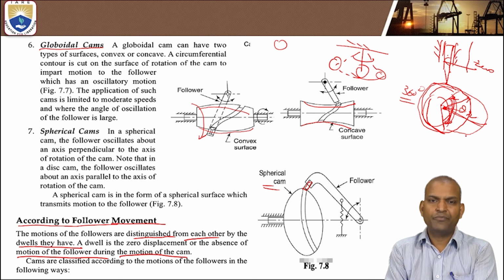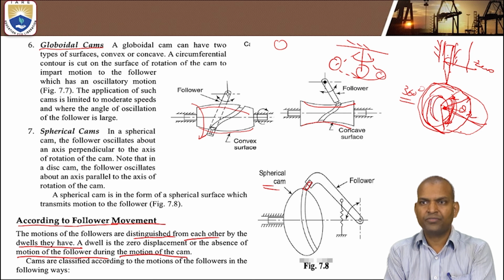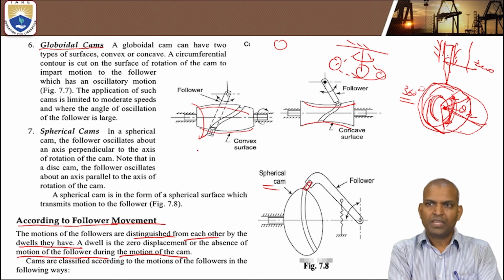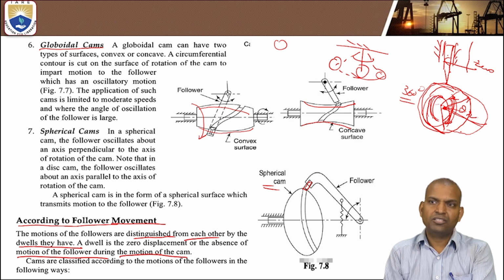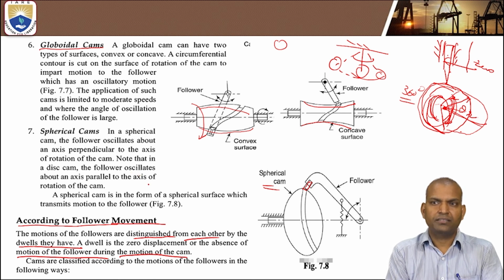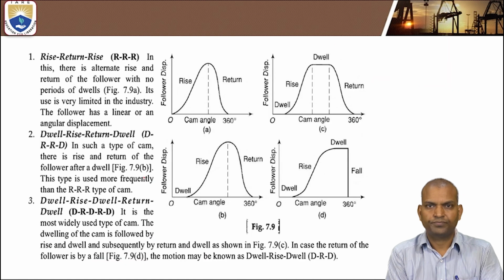The follower will rise and will fall down. Whereas in this portion of the cam, the follower doesn't move. It remains at zero displacement. So this angle is called the dwell angle. Thus, we can define and understand what is dwell.